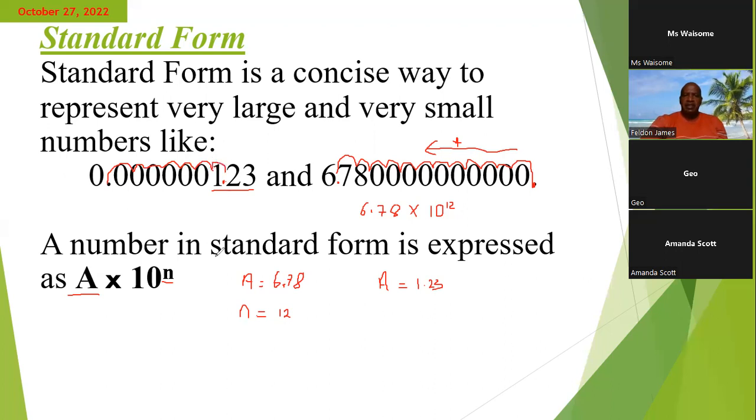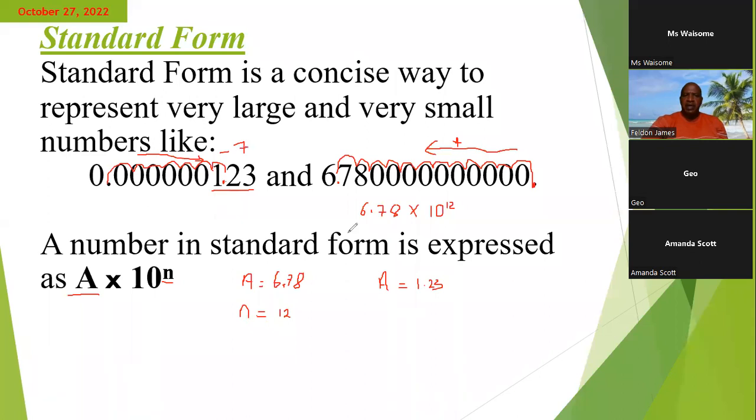All right. So N has to be 7, but in terms of the sign, we know that now we are moving from left to right. It means that we're going to get a negative N. So the N here would be negative 7.